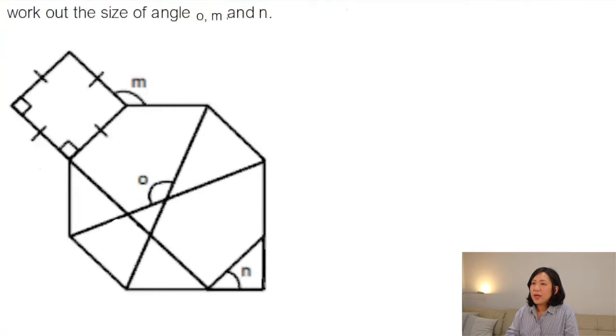Right, so here we've got a compound shape. We have a square and a regular octagon, and then we've got a right angled triangle, right? Now we need to find the size of the angle MON. First of all, let's write down the information.